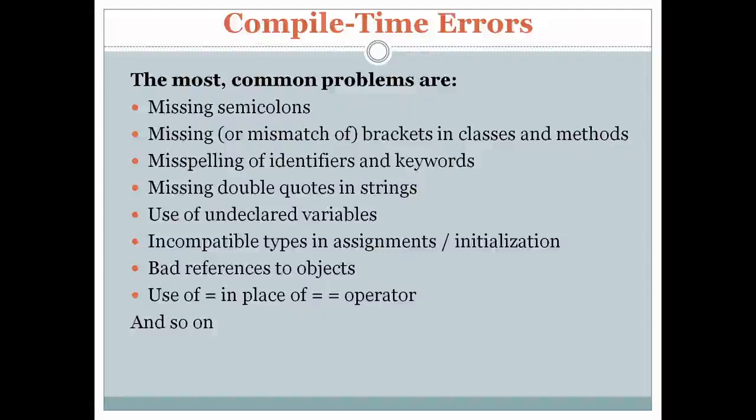Okay, the most common compile time errors, as you have executed some programs based on C, you might know about these errors. Some common compile time errors are missing semicolon.